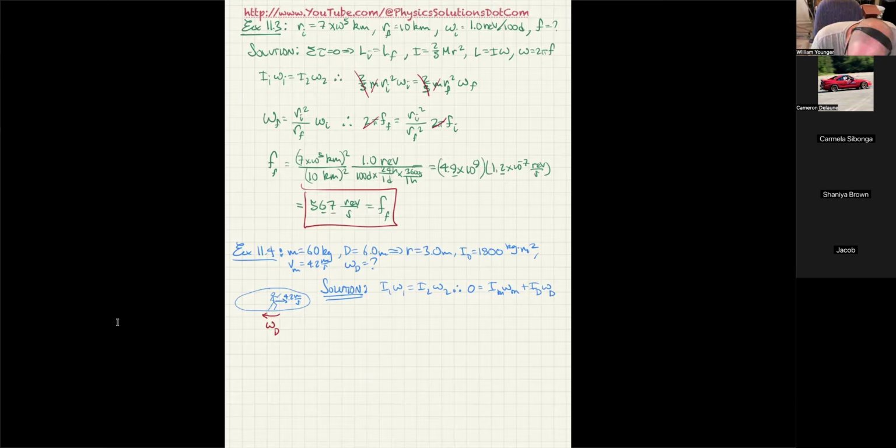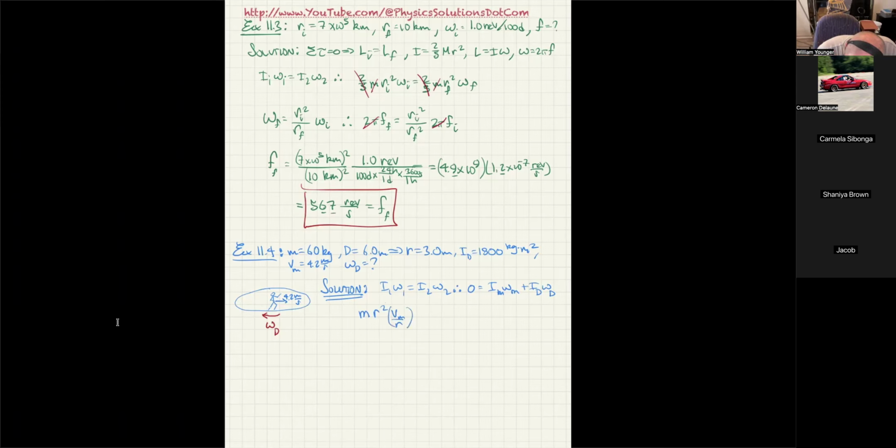So what we have here is the moment of inertia of the person, which is m times r squared. And then the angular velocity of the person is just v over r, so that's v sub m over r.